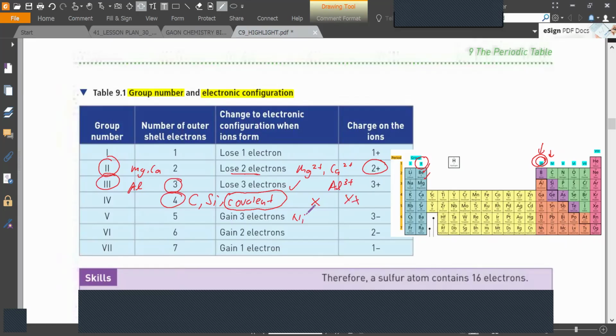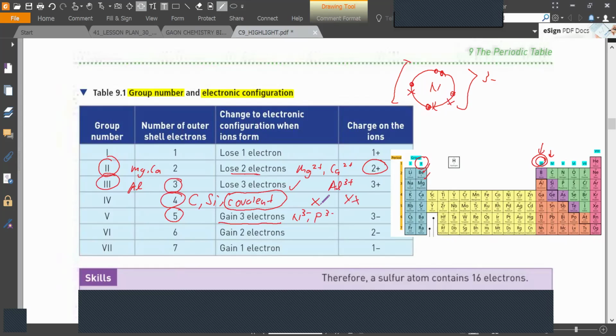Group 5, like nitrogen, phosphorus, they have 5 outer electrons. They need to gain 3 electrons to form a full shell. Like nitrogen, 5 outer electrons, it needs to gain 3 electrons to form the negative ion.